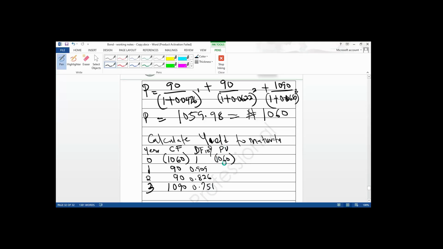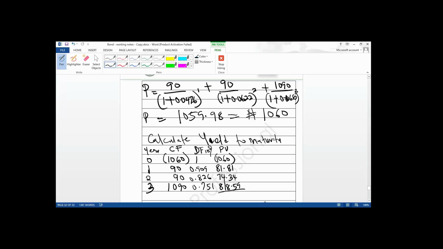1060 negative. Next, 81.81, 74.34, 818.59.